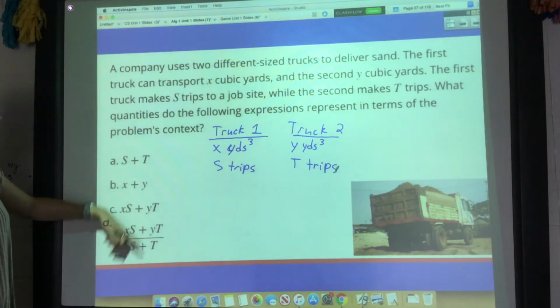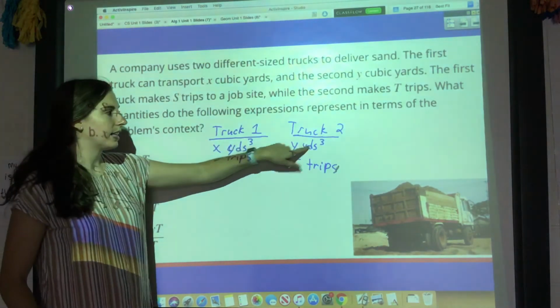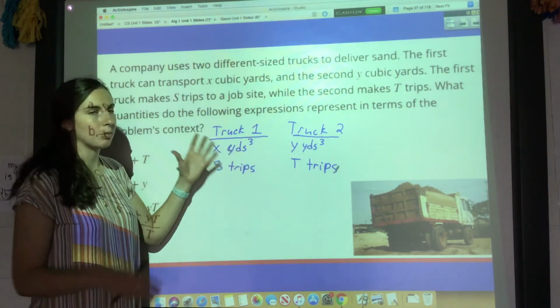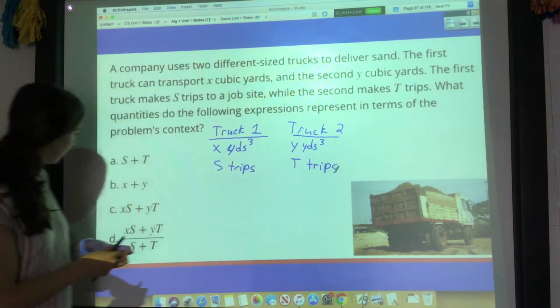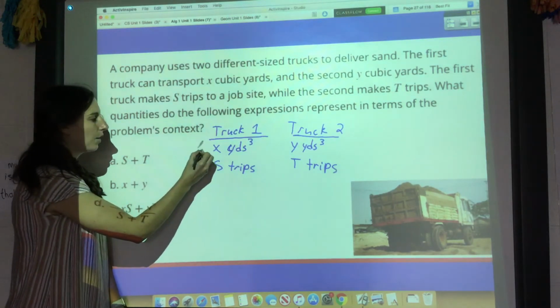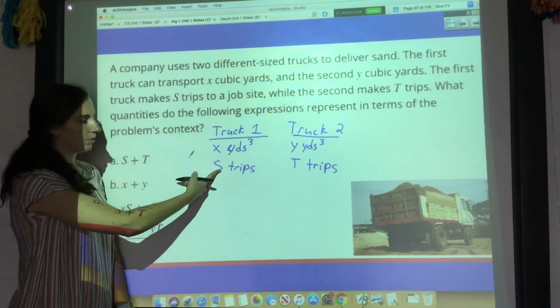X plus Y, well, X is how much truck 1 can hold. Y is how much truck 2 can hold. So X plus Y would be how much both trucks can hold on one trip. X times S is however much truck 1 can hold times the number of trips.